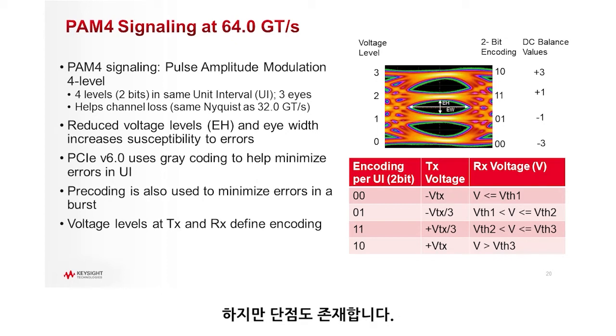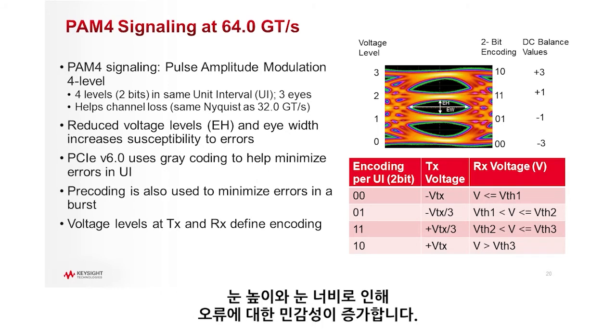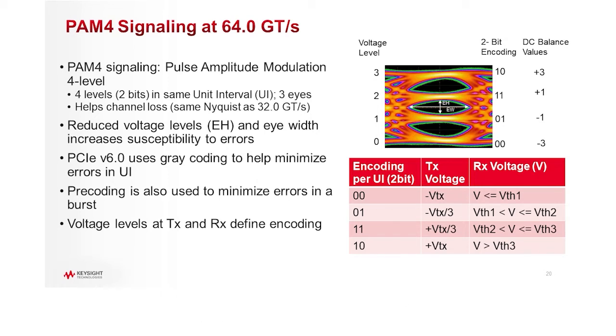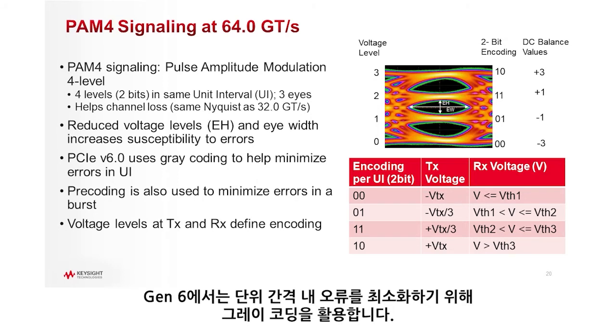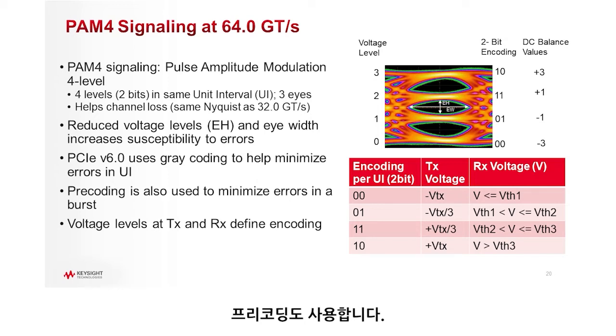Now, nothing comes for free. We do this at the expense of reduced voltage levels, which is I height, and I width, which increases our susceptibility to errors. So we do a couple of things to help minimize those errors. Gen 6 utilizes gray coding to help us minimize errors within the unit interval. We also use pre-coding.